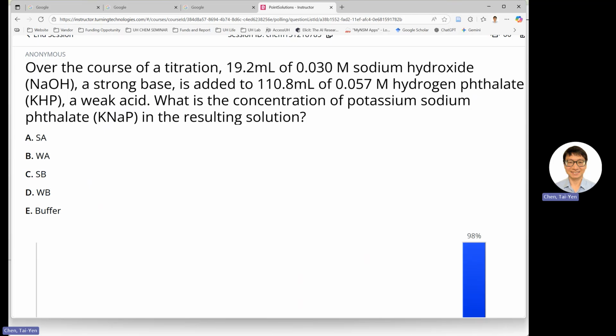The concentration is 0.057, and the volume is around 110. The concentration of your titrant is about half of that, which means to reach the equivalence point, you need to roughly double the volume, around 220.